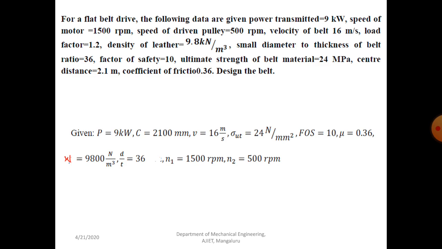That is why you have to multiply by 1.2. We'll discuss later where you have to multiply that. And coming to one more important factor, small diameter to thickness of the belt ratio. That is given because they have not given diameter and thickness separately; instead they have given it in terms of a ratio. So d by t ratio is 36.